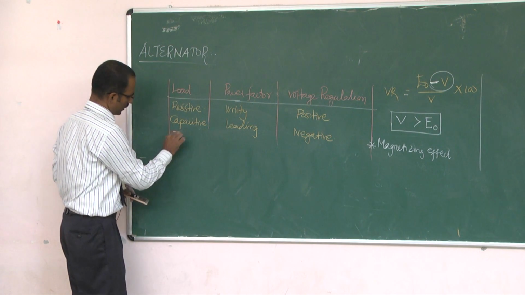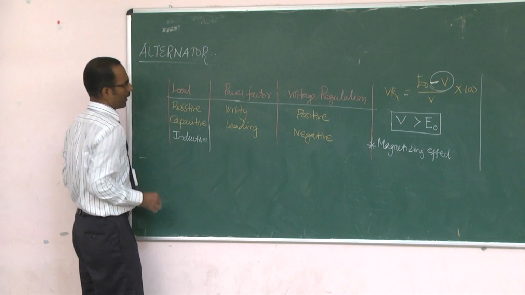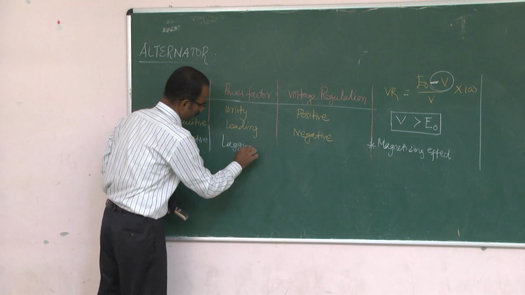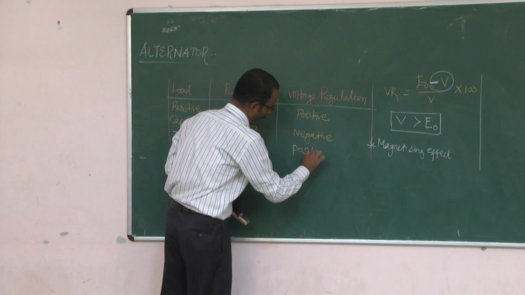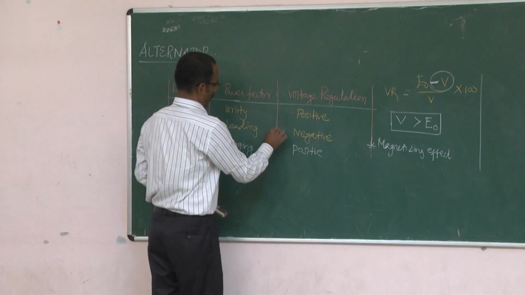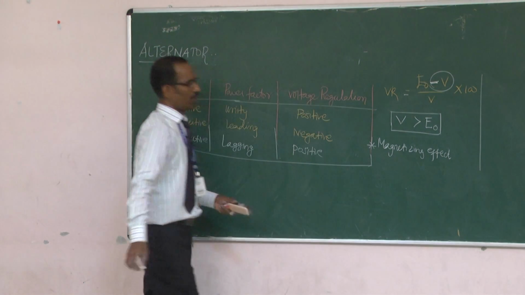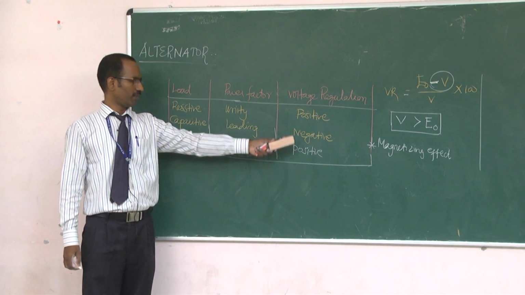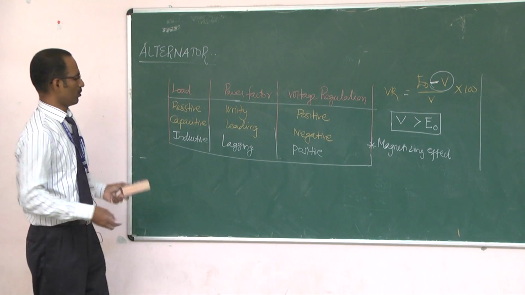The final one is the inductive load. When an inductive load is connected, the power factor is lagging, and we get the regulation positive. One more choice is there. Either we get the voltage regulation positive, or we get the voltage regulation negative. In some cases, the voltage regulation will become zero.